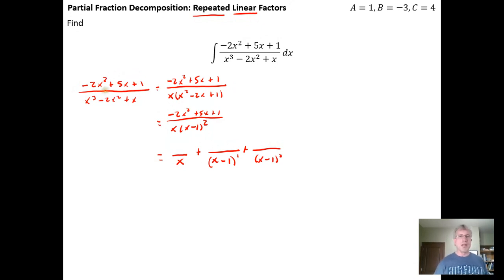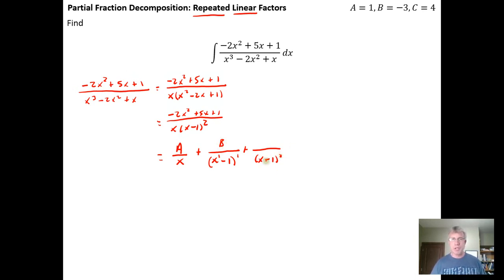So in this case, this ratio may break into the sum of three ratios. And then we want to remember that the numerator always has to be a polynomial of degree 1 less than the denominator. So here x is a first degree polynomial, so we suppose that the numerator is an A. X minus 1 is still a first degree binomial being raised to a power, so we're just going to predict that we get a real number in our numerator.